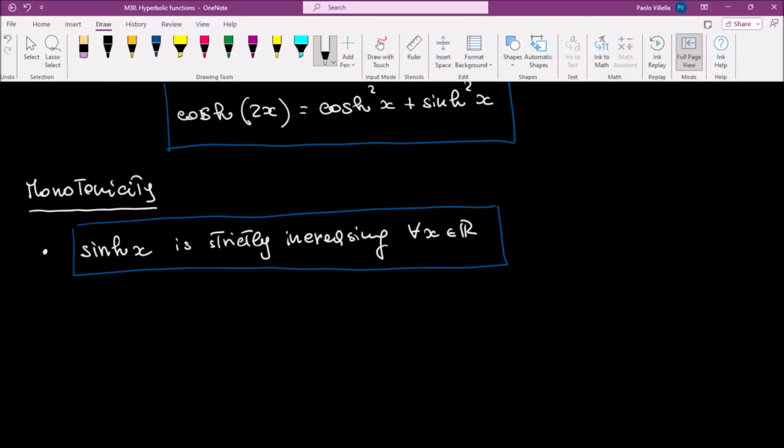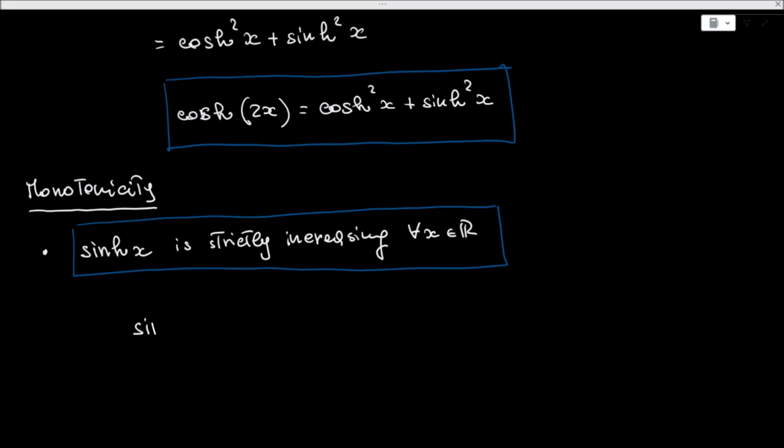Well, if you consider the expression of the hyperbolic sine of x, right? So this is given by 1/2 of e to the x, plus we have minus 1/2 e to the minus x, okay?